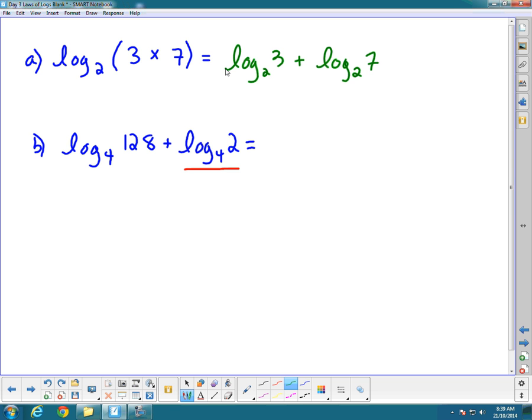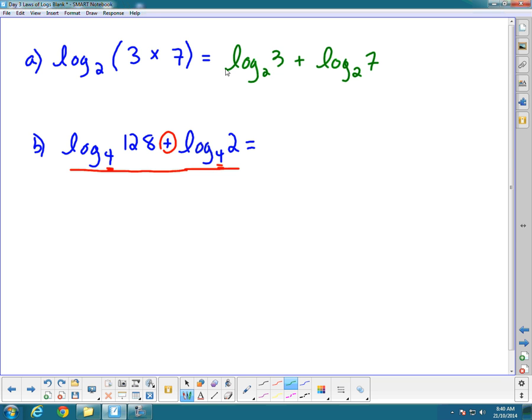So this is in the opposite direction. Here I have 2 logarithms. They happen to have the same base, and they're being added together. So since I have 2 logarithms with the same base that are being added together, I can combine them into a single logarithm and multiply the answers.